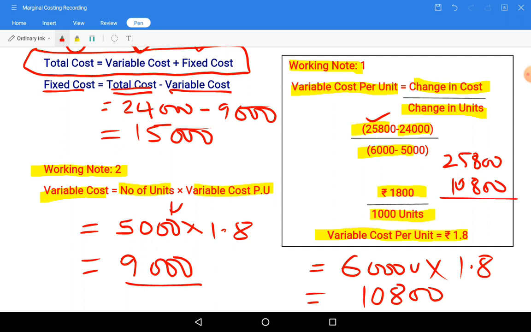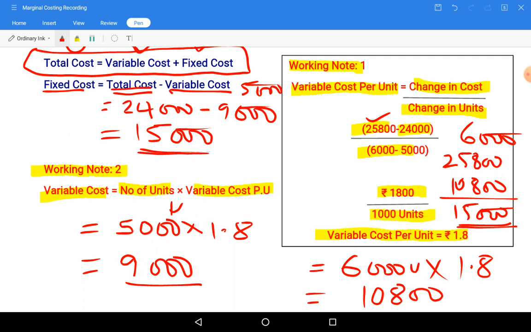That will be again 15,000. This is at 6,000 units. And this is at 5,000 units we have calculated. Here also you have got 15,000.